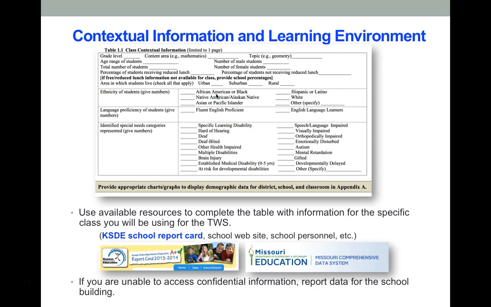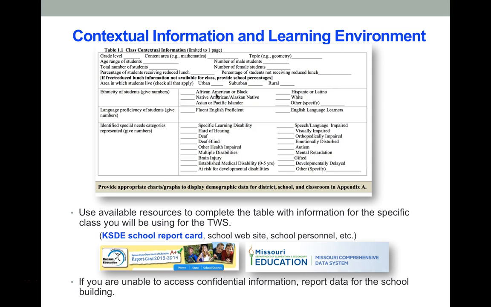They're Afro-American, Hispanic, and the like. Do you have any language proficient, non-proficient students? Do you have any special needs, and what categories are they in? So you kind of list those numbers. So if you have a class of 25, you'd be listing how many students are maybe in those areas. And sometimes you have to take a guess at that, and that would be fine.